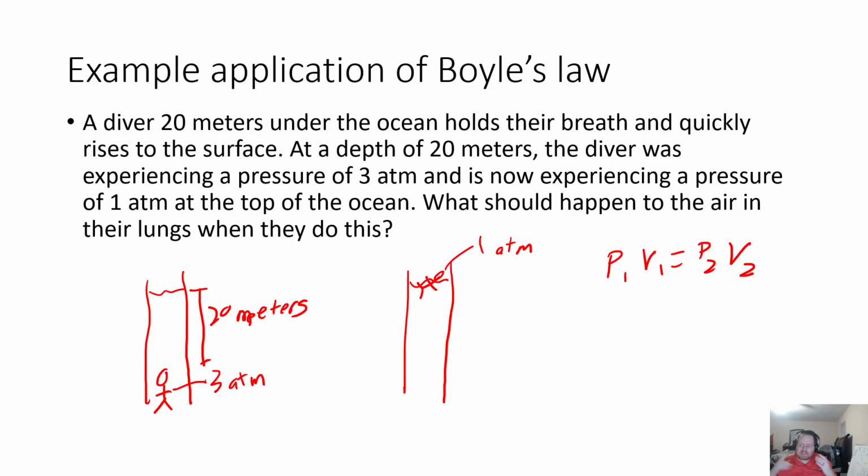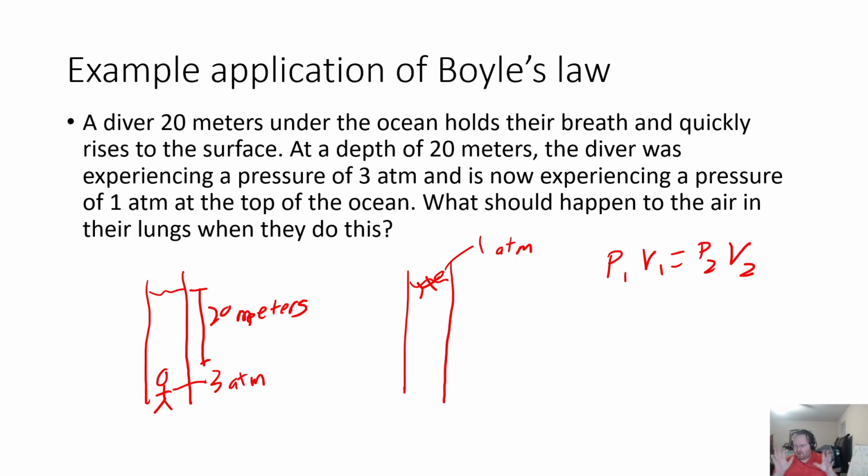Now, obviously, this person can't instantly go from 3 atmospheres to 1 atmosphere. Your body is going to try to adjust to that. But especially if they held their breath and they were trying to go really quickly, something scared them or something, and they weren't well trained, it would be very bad. It would cause them to get sick because their body would not deal well with this. It would be like, no, we can't make this change this fast. That's why divers normally have to go up more slowly, because your body's going to adjust as you go up to changing conditions of pressure.